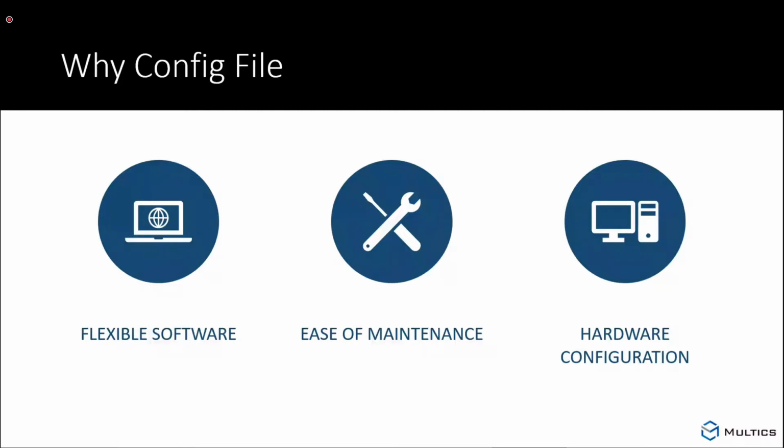So I'll go back and then say, why do we need a config file? We need to make our software flexible so that minor changes required to the software do not need you to go and change the software as such. So we put our configuration into a file, which is then read at the start of the application normally, and then you configure it accordingly.